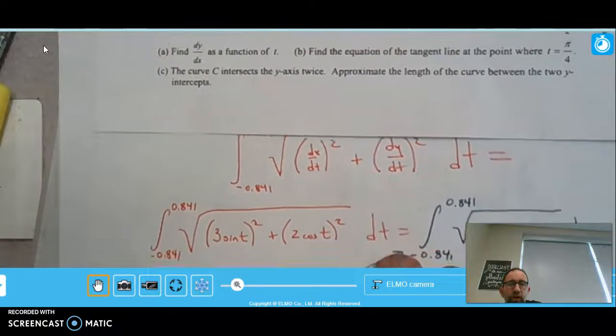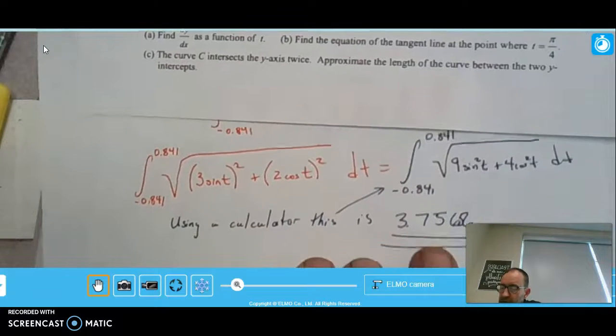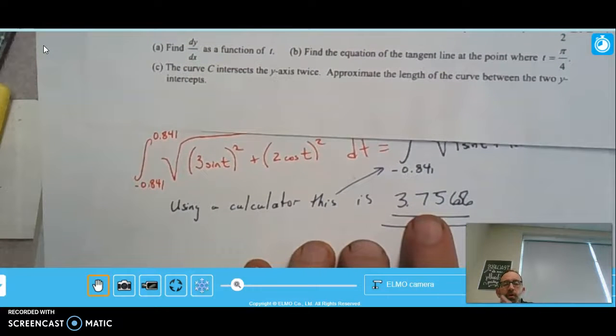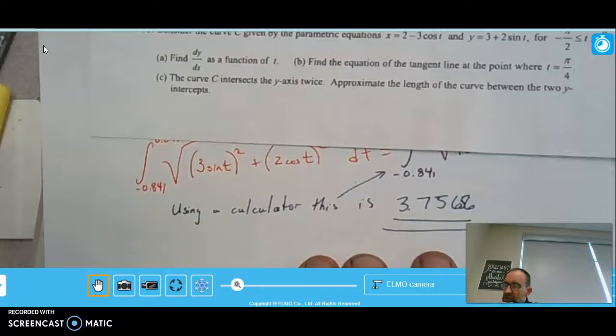When we square those, we'll have 9 sine squared and 4 cosine squared, respectively. Plugging this into the calculator and integrating will give you 3.75656. So approximately 3.7566 will be the length of the curve between those two values.